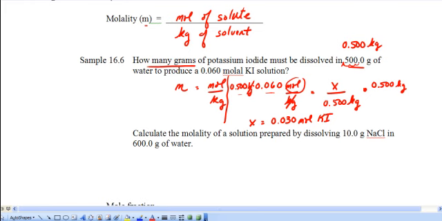How many grams? To go from moles to grams, use the molar mass, something you learned back in chapter 10. The molar mass of potassium iodide is going to be 166 grams per mole.